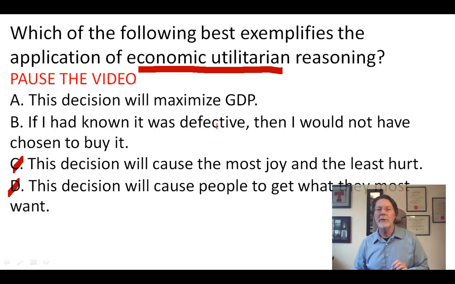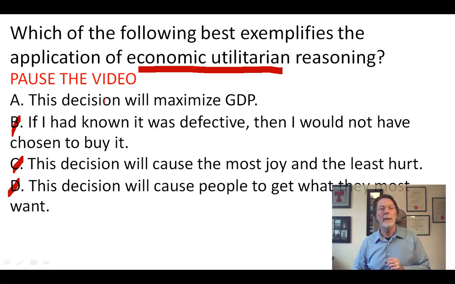If I had known it was defective, then I would not have chosen to buy it. This is an example of informed preference reasoning, right? Not what you did know, and the preference that's important is not your preference to buy it, but the preference that you would have had if you had known everything about it, including that it was defective. So this is not economic utilitarianism.